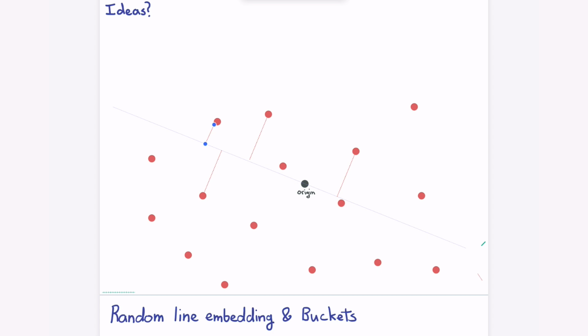Okay, so for that, well, first our goal is to make a table or a hash, but you'll need to argue that for one of your projections, a good point is going to be the closest point to your query.